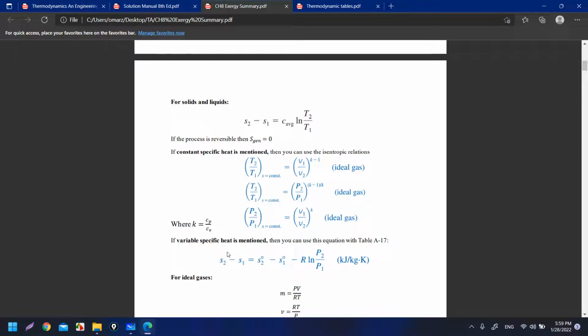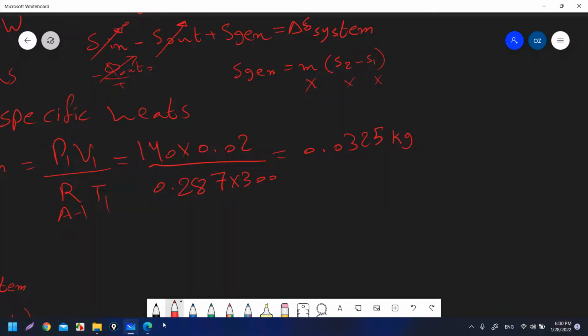So S2 minus S1 will equal S2 naught minus S1 naught.